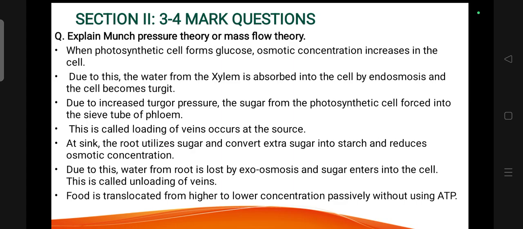This is called loading of veins, occurs at the source. At sinks, the root utilizes sugar and converts extra sugar into starch and reduces osmotic concentration. Due to this, water from root is lost by exosmosis and sugar enters into the cell. This is called unloading of veins. Food is translocated from higher to lower concentration passively without using ATP.